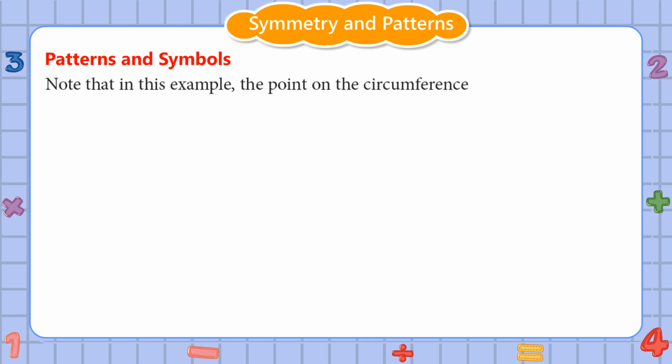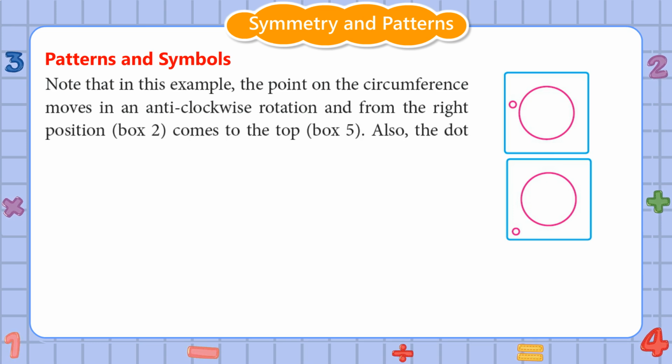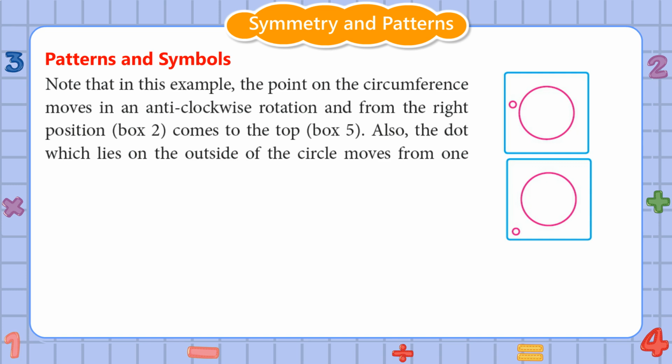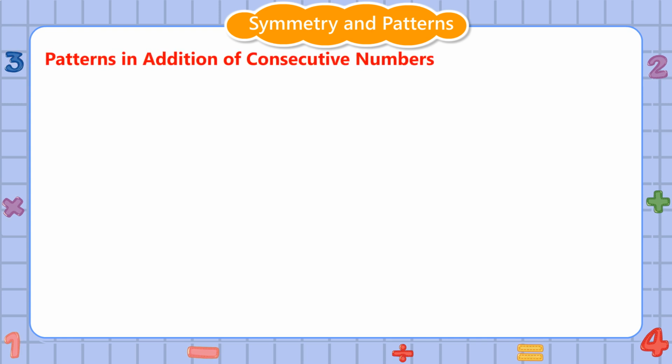Note that in this example, the point on the circumference moves in an anti-clockwise rotation, and from the right position, box 2 comes to the top, box 5. Also, the dot which lies on the outside of the circle moves from one corner to the other. The next two figures will be as shown alongside.